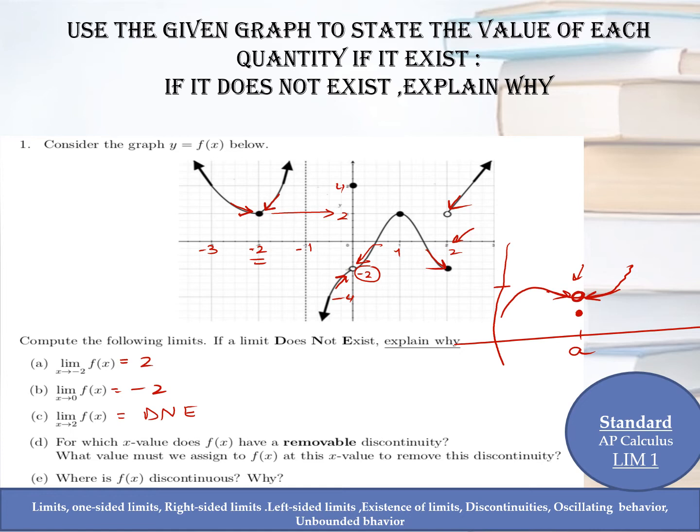So such a discontinuity you can see at x equals 0, because at x equals 0 there is a hole, and the two lines are meeting with each other by means of a hole. Now, where is f of x discontinuous? You can see that the function is discontinuous at -1 because the two lines are not meeting with each other at -1. Also, the function is discontinuous at 0 because there is a hollow point.